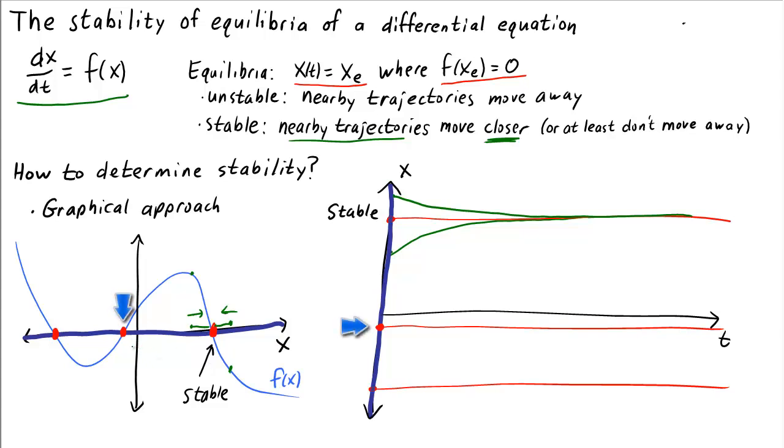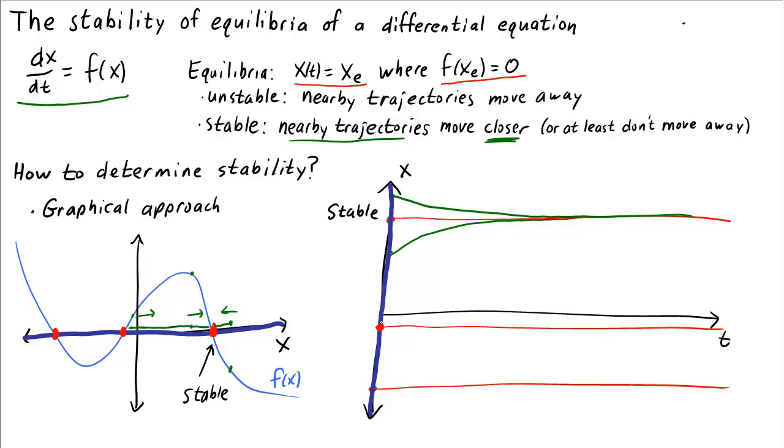How about for the middle equilibrium? If I start at a value just above the middle equilibrium, the velocity, f of x, or dx/dt, is positive, so I should be moving to the right. So if I start over here, I should move on toward the right. In fact, no matter how close I start to the equilibrium, f just above the equilibrium will be positive, so again I'll be moving to the right.